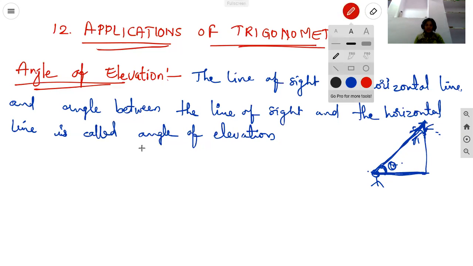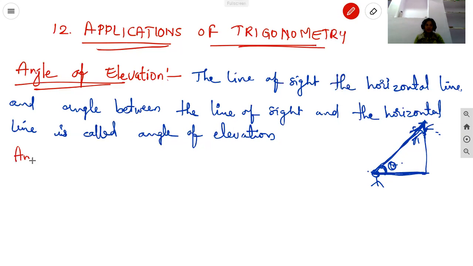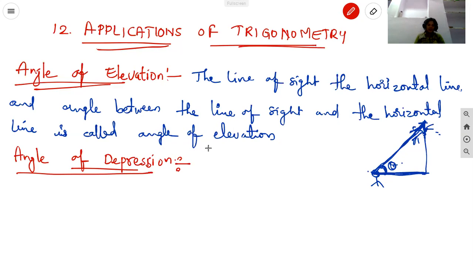The next definition is the angle of depression. The angle between the line of sight and the horizontal line is called the angle of depression. Depression means we see from the top. To find the height, we stay at the top of the building or the top of the pole, whatever it may be.